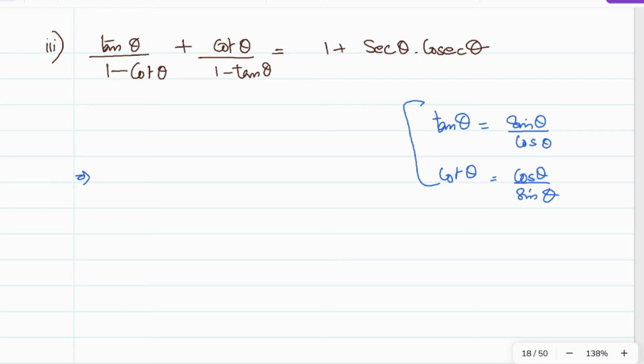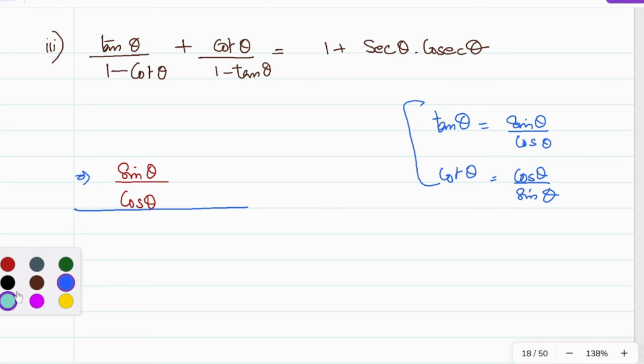So in place of tanθ, I will write sinθ divided by cosθ. Then the denominator is 1 minus cotθ, right? So I will write 1 minus cotθ, where cotθ can be written as cosθ divided by sinθ.